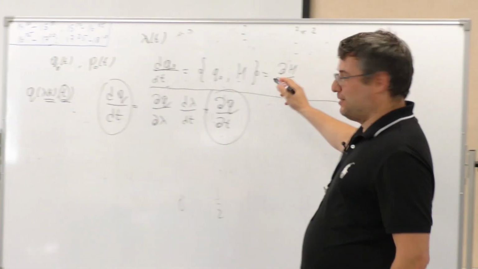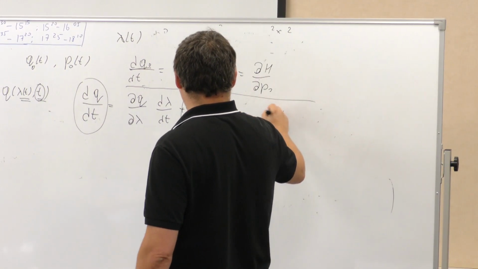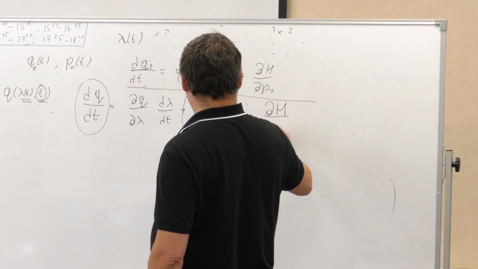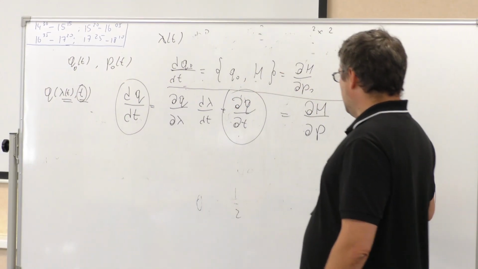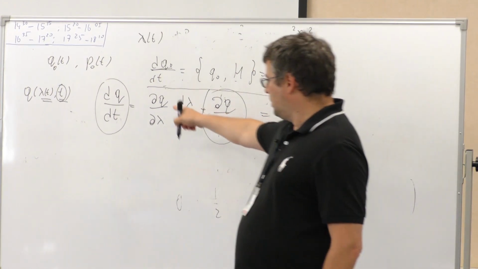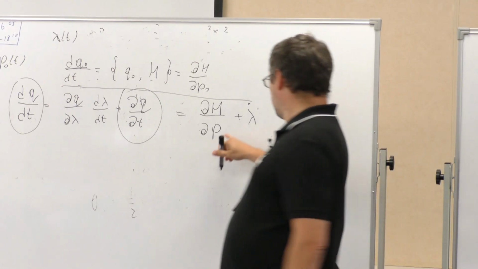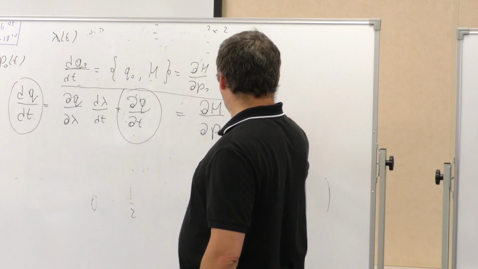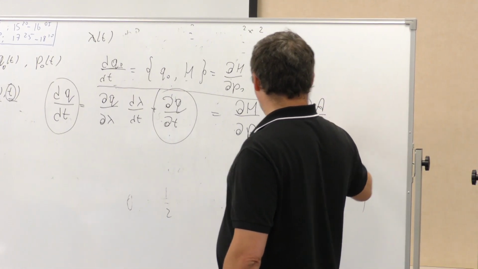So we can now use these Hamiltonian equations of motion. So I can say that this is dH dP. And then I will get plus lambda dot, and for dq d lambda, I remember there is an opposite convention. So I should change plus to minus and use minus dA dP.